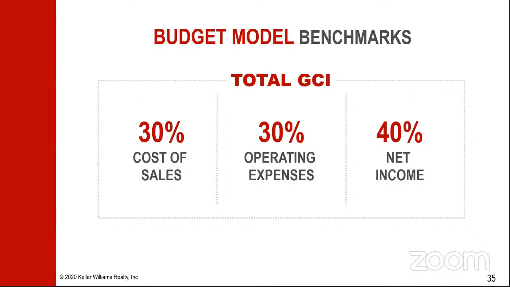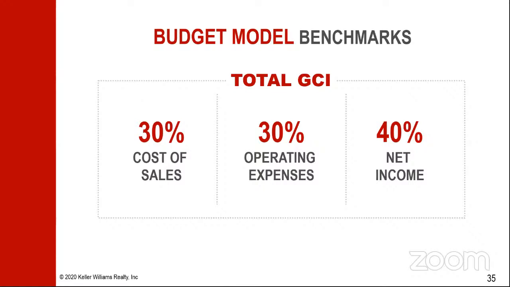Okay, so remember we talked about, of the total gross commission income, our goal is to have 40% of that become net income or a profit, while the other 60% is cost of sales and operating expenses. If you're running a business at 40% net income, your business is in a very good place.